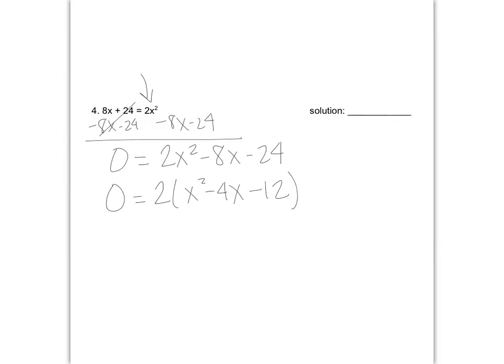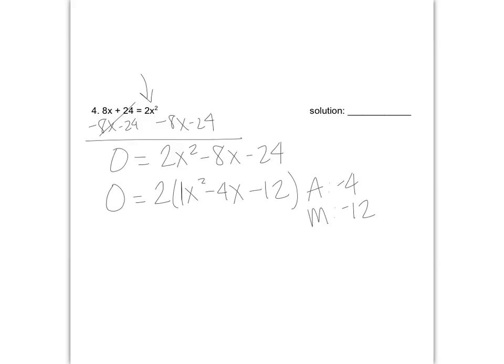So once we take out our GCF, we're looking to see how many terms we have. So looking inside, we have 3 terms, so we want to add to negative 4, multiply to negative 12. Because notice in front of x squared, that's a 1 there.